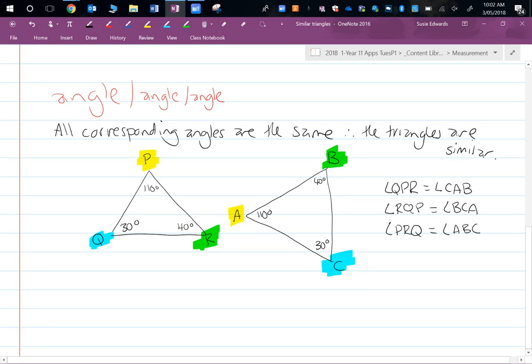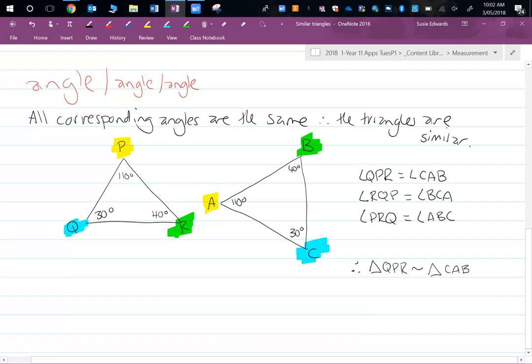So therefore, what can I say? And we need to write A in brackets to say because all the angles are the same.